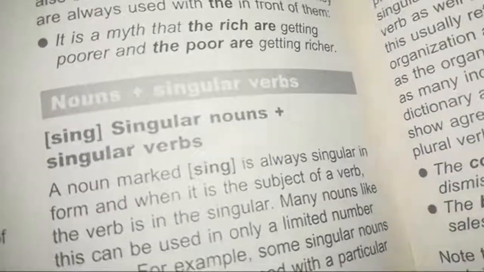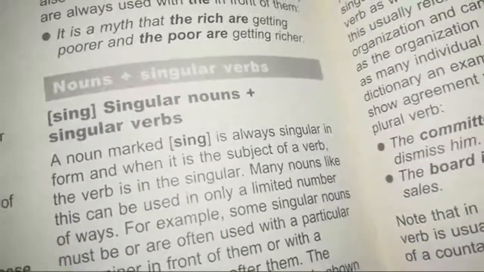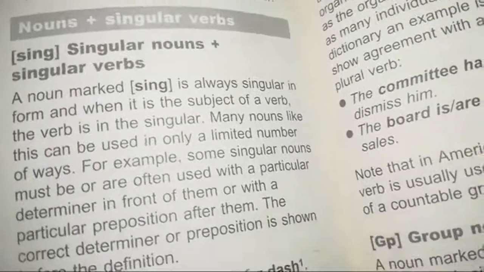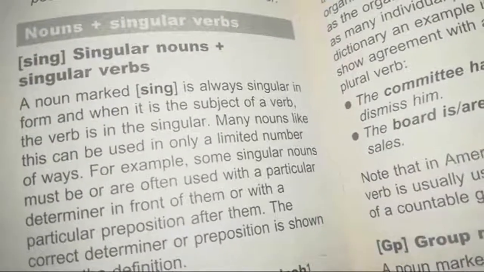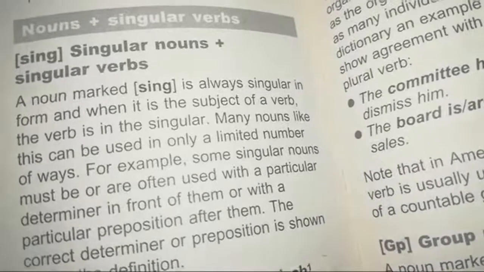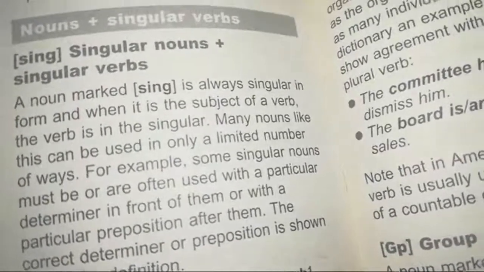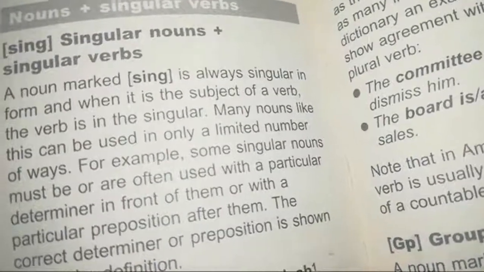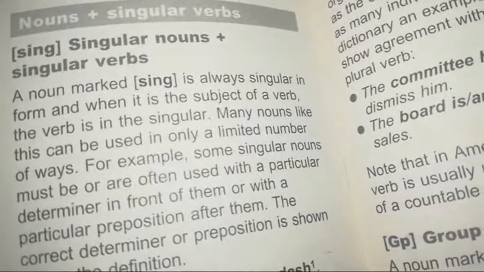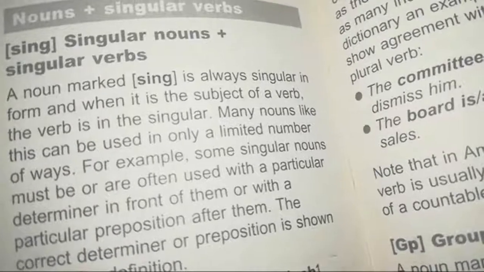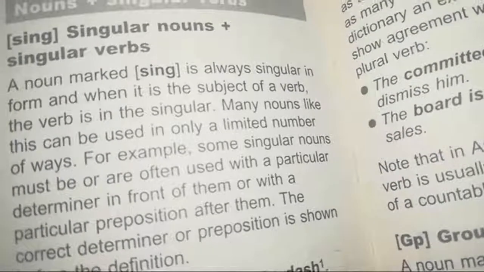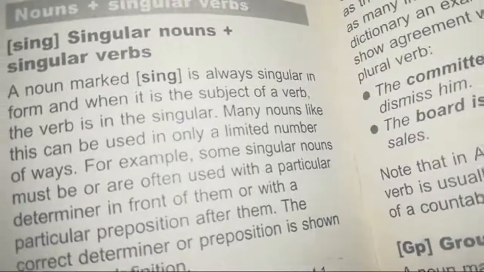Nouns have singular verbs. A noun marked SING is always singular in form, and when it is the subject of a verb, the verb is in the singular. Many nouns like this can be used in only a limited number of ways.